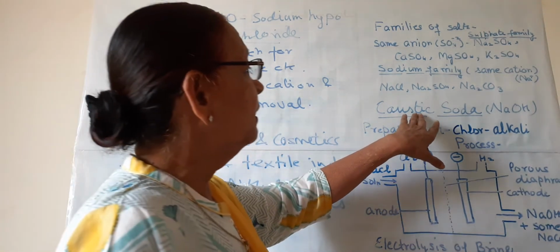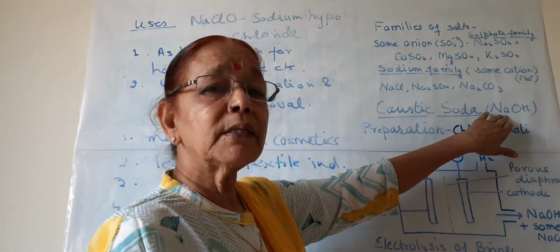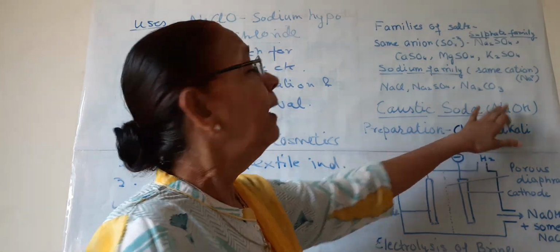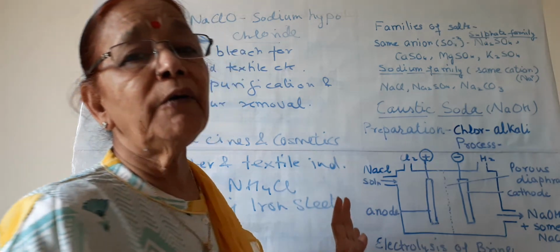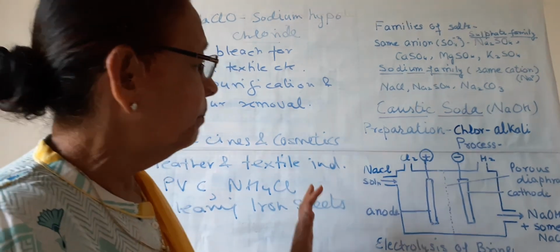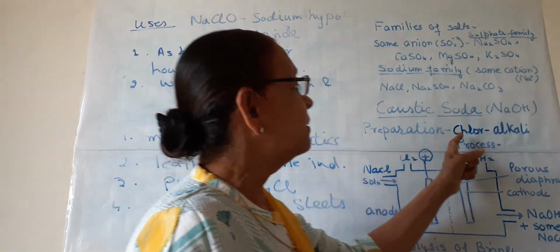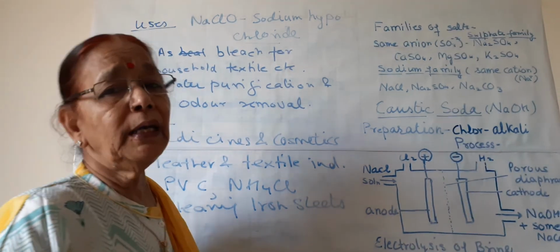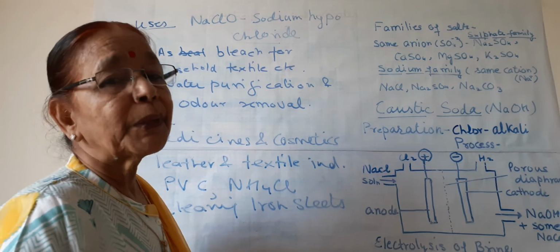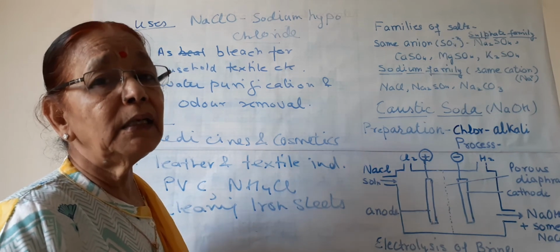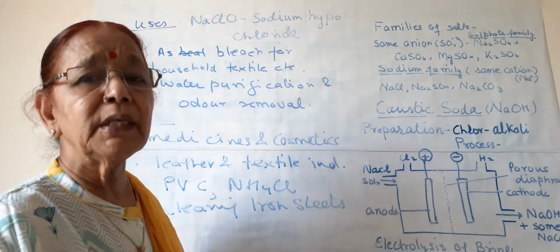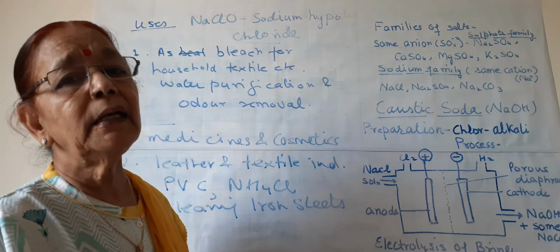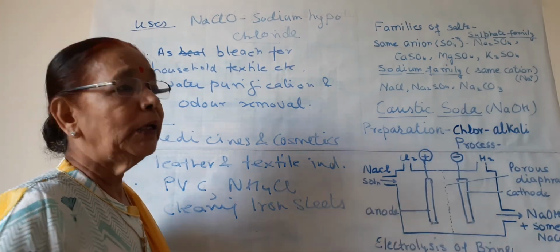So we have learned the preparation of caustic soda or sodium hydroxide and the uses of the products and byproducts of this chlor-alkali process. This is all for today. In the next video, we will learn about some other salts, their preparation, their properties and their uses. Thank you.